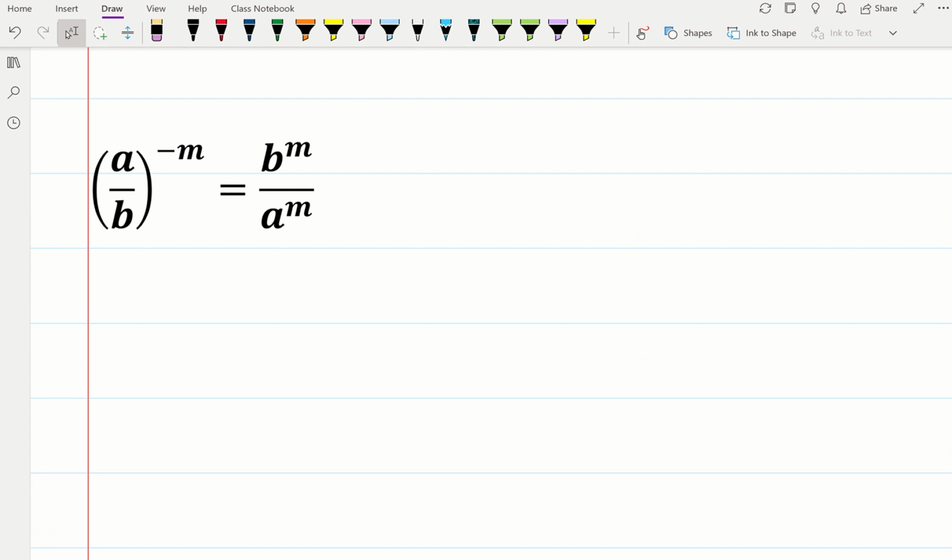Well, what happens to a fraction when there is a negative power? The reciprocal of a fraction, 1 divided by a over b, results in the whole thing becoming b over a.